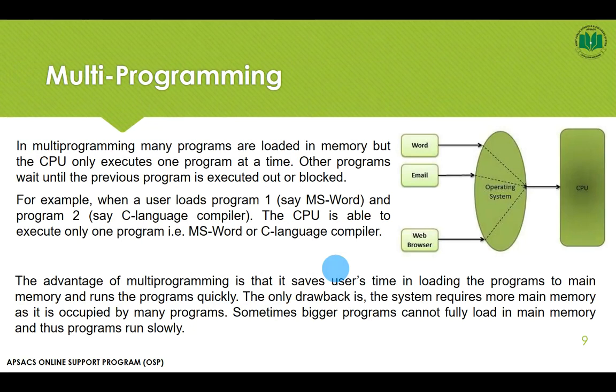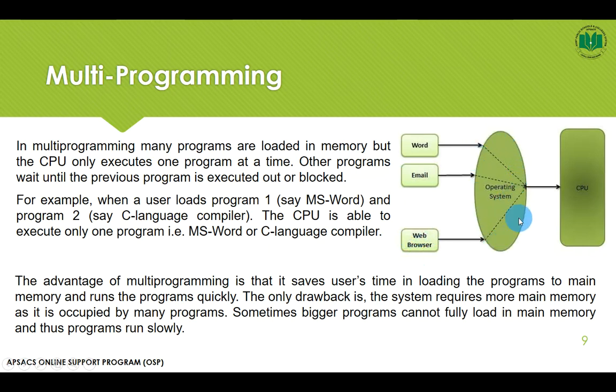Now I will discuss multi-programming. Multi-programming means many programs are loaded into memory, but the CPU is not powerful enough. It can execute only one program at a time. In multi-programming, many programs are loaded; for example, we load Word, email, and a web browser, three programs, into our operating system.